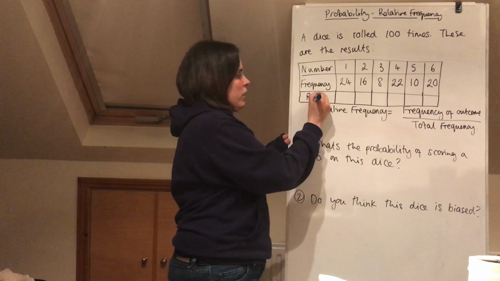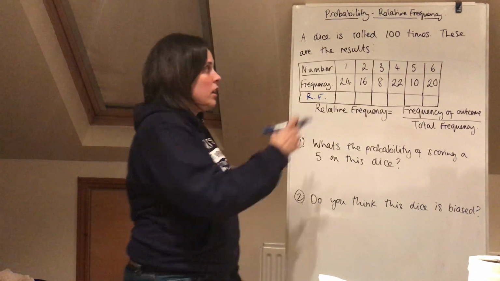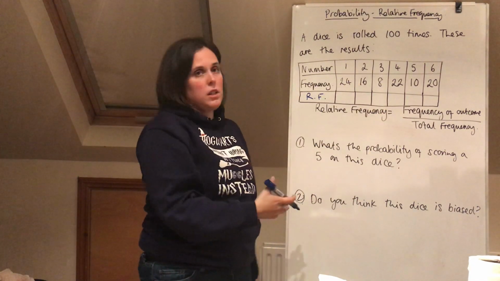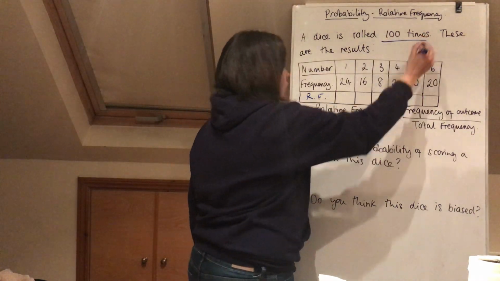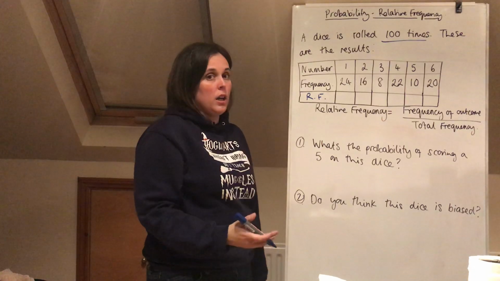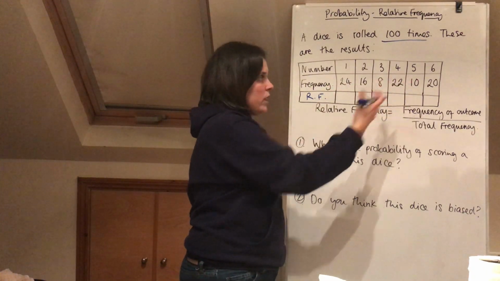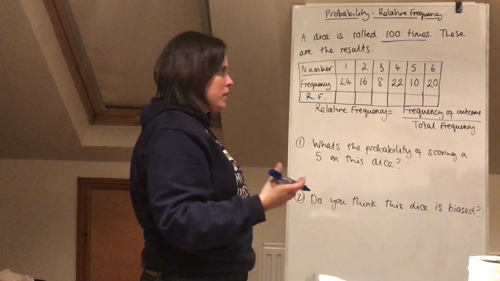If I put here RF for relative frequency, we can calculate that for each one of these. Now I've kept it nice and simple. We're doing this 100 times, so all you have to do is divide each frequency by 100, and for all of these numbers we're just going to make it 0 point something.